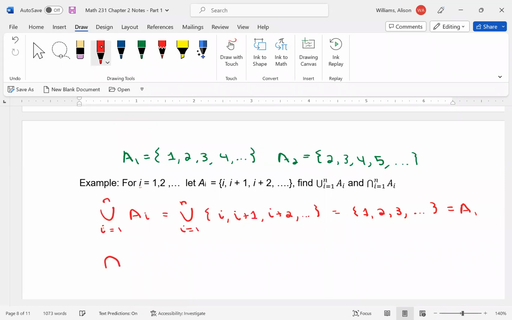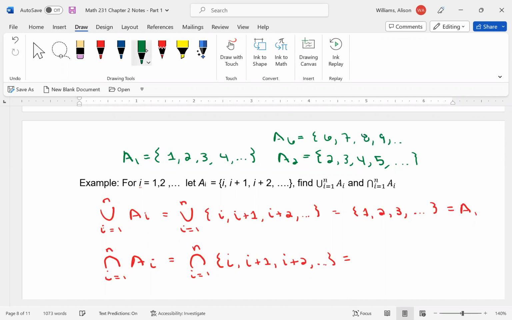Okay, so the intersection then, the intersection of these sets means we want to know what they have in common. Okay, so in this case, where they start having things in common depends on where the last set is. So if the last set happened to be A sub 6, if that was quote unquote n, that means it would start at 6, 7, 8, 9, and goes forever.